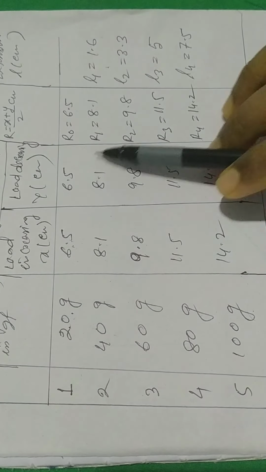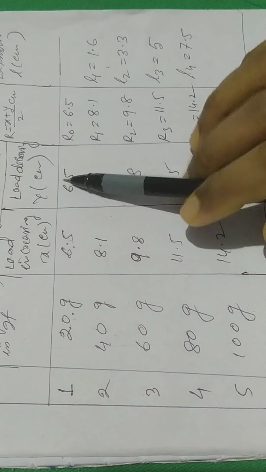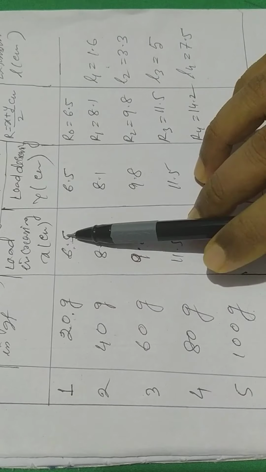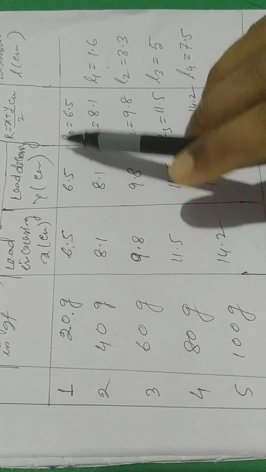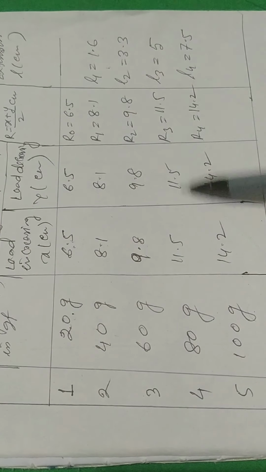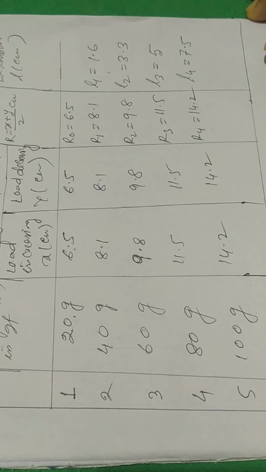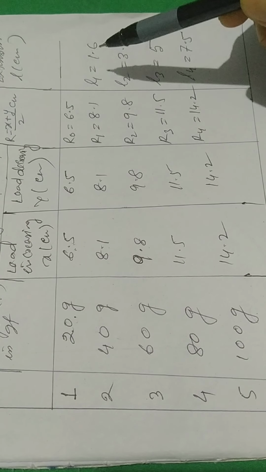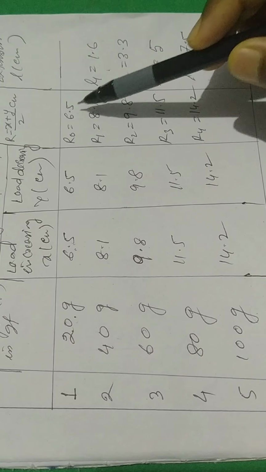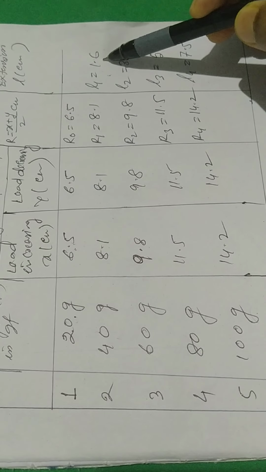Now we have to take the mean value of these two values. You just take the addition of these two divided by 2. The sum of these two divided by 2 gives 6.5. Similarly 8.1, 9.8, 11.5, 14.2. To find the extension, you subtract 6.5 from 8.1, so the extension is 1.6.